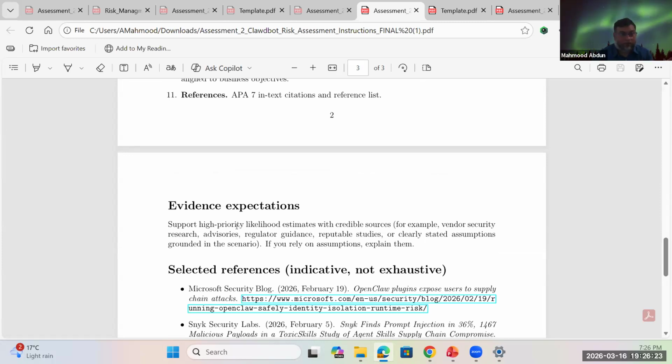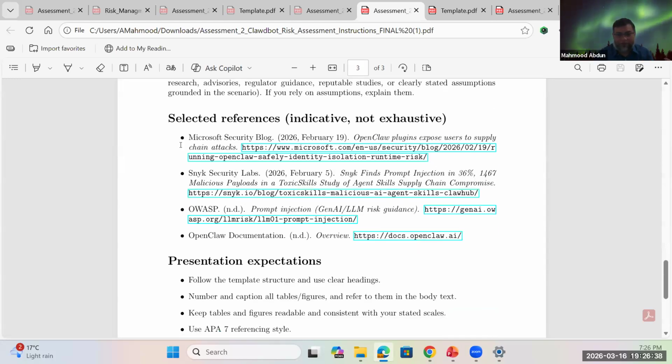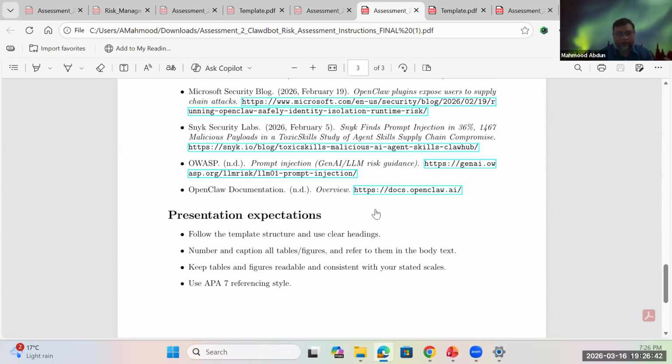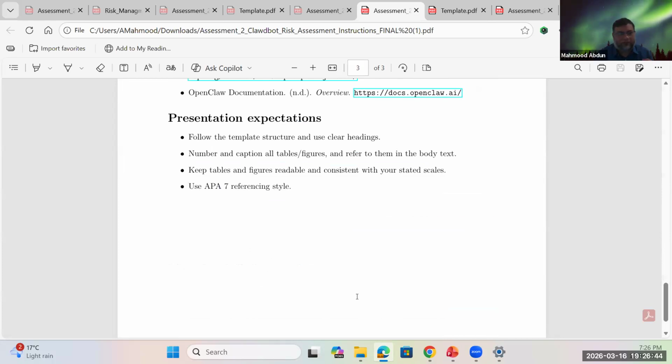I'm just giving you that heads up. If you rely on assumptions, you need to explain them, but it's best to rely on statistics and reports rather than just your assumptions, because your assumptions could be incorrect. So there are some starting points of references, but obviously this is just a very small fraction.